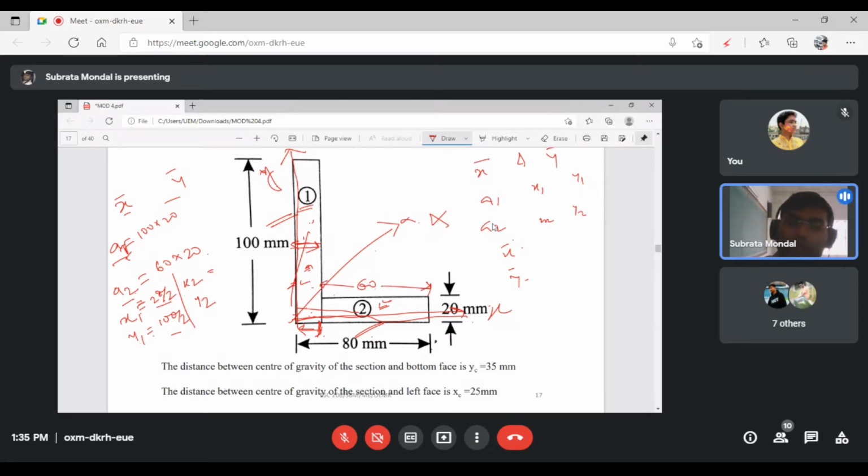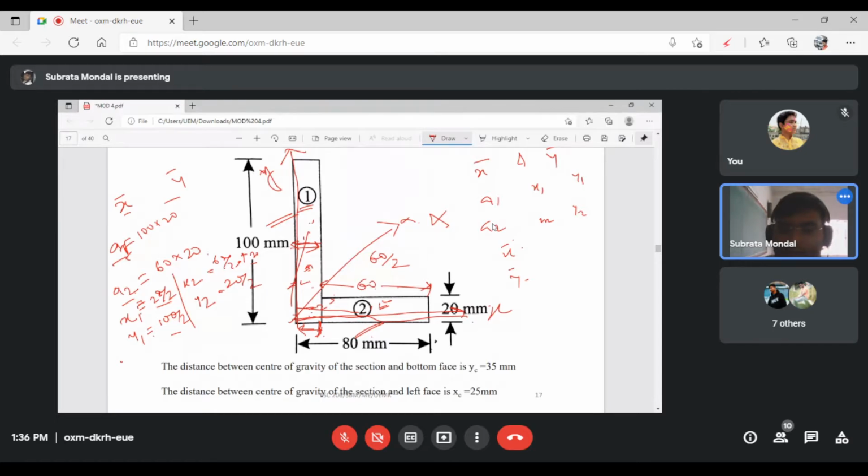So 60 by 2, because the center always acts from the middle, and you have to add 20. So x2 is 60 by 2 plus 20, and y2 is simply 20 by 2, because it is 20.